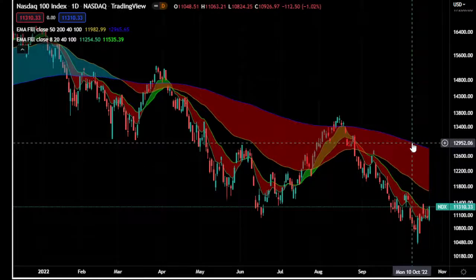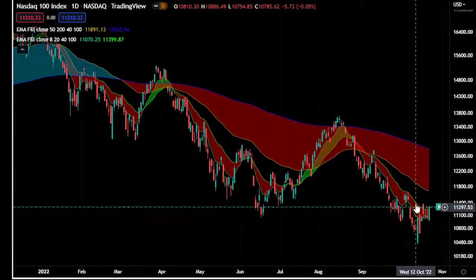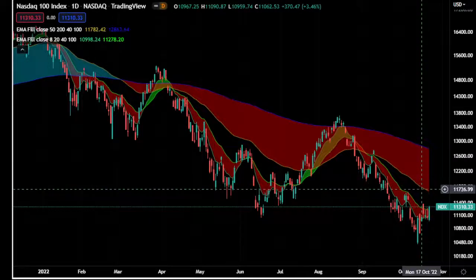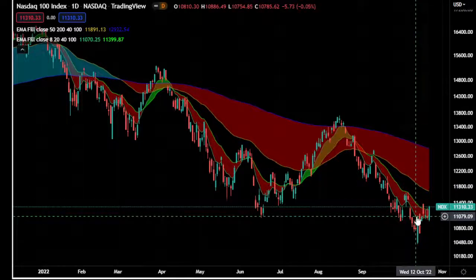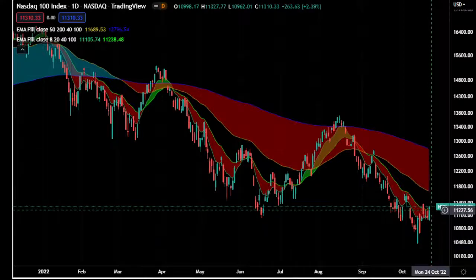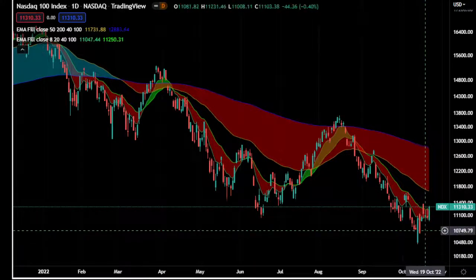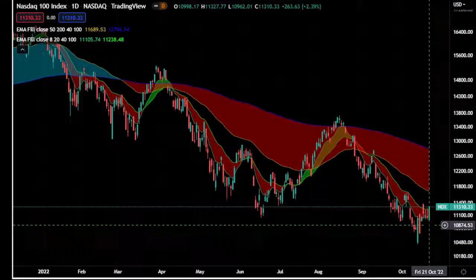And we see that all of these are red. What does that mean? That means the 200 is above the 50-day moving average and the 20 is above the 8-day moving average. However, prices did test this low down here, and they have moved higher several days in a row.